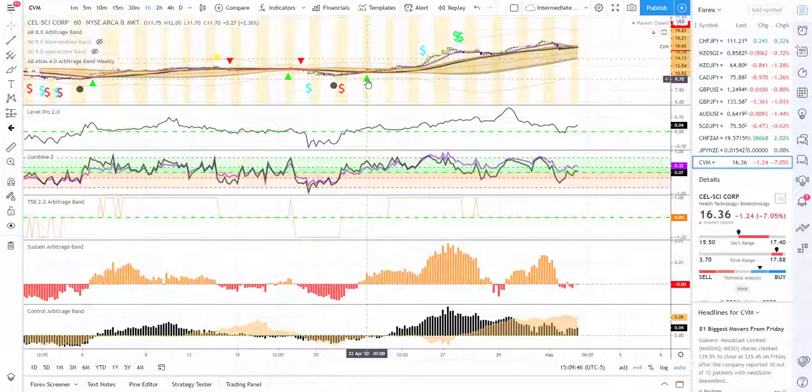Confirmations is the name of the game. We have the RSI on Level Pro saying, hey, we're up. We have the combined Z of the smaller bands, and the total combined Z, which is just called Z, also up before we even get our uptrend. We are sideways in TSB.